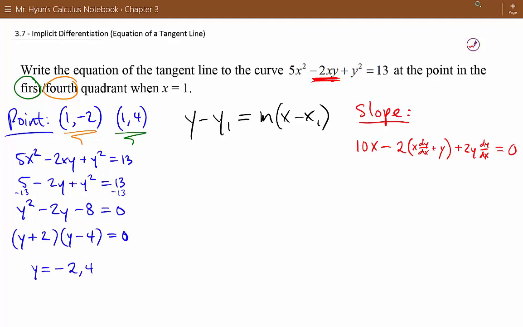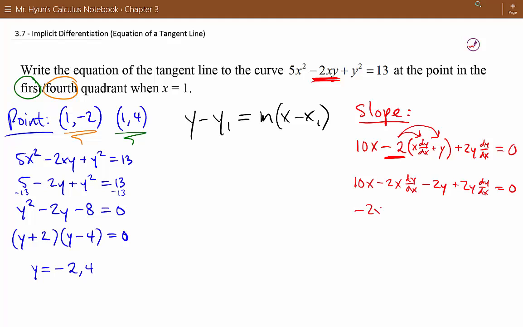So notice what we have to do now. In order to get this answer correct, make sure this negative 2 properly distributes to both of those terms. That's going to give us 10x minus 2x dy dx minus 2y plus 2y dy dx equaling 0. So if you remember how to solve for dy dx, we have to do a little bit of sorting.